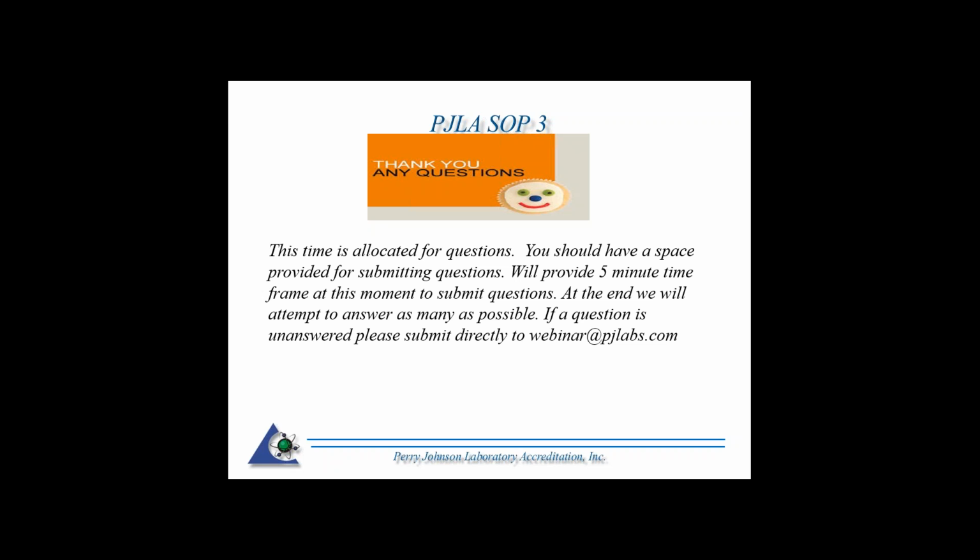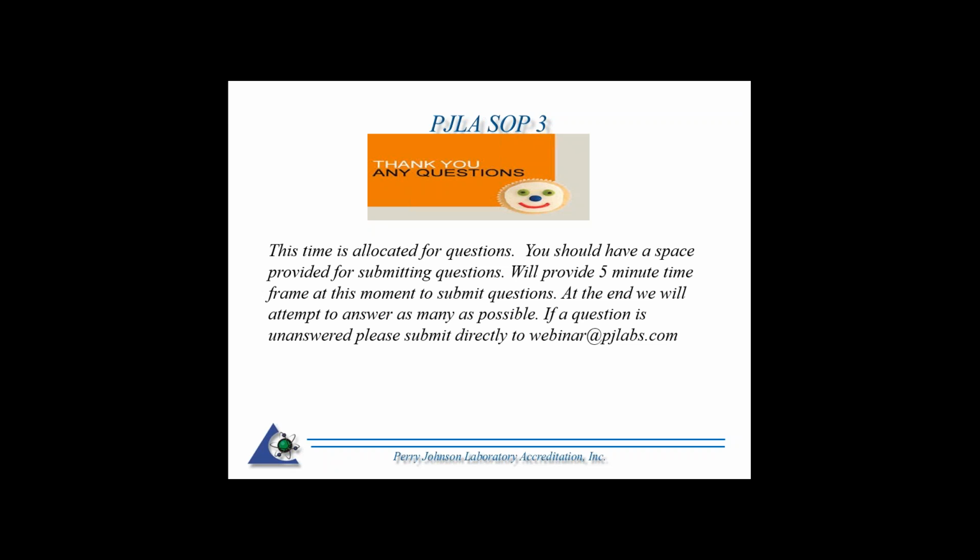It's just the usage of the accreditation language, particularly on test, calibration, inspection reports, whatever you're producing. If they come under your scope of accreditation, it needs to include those various elements, i.e. accrediting body, PJLA, accrediting number, along with your area of testing or calibration, whichever the case may be.